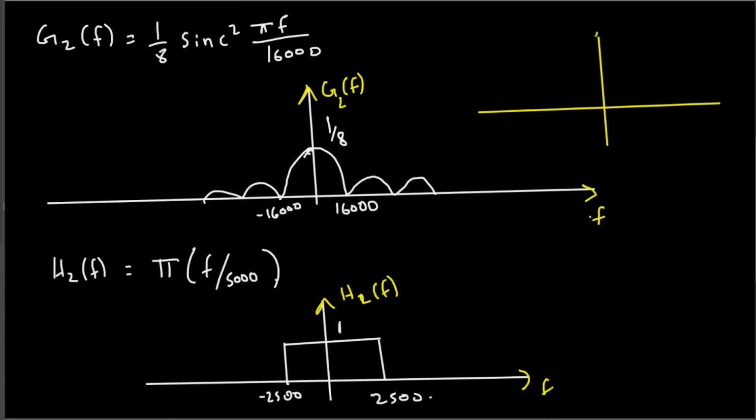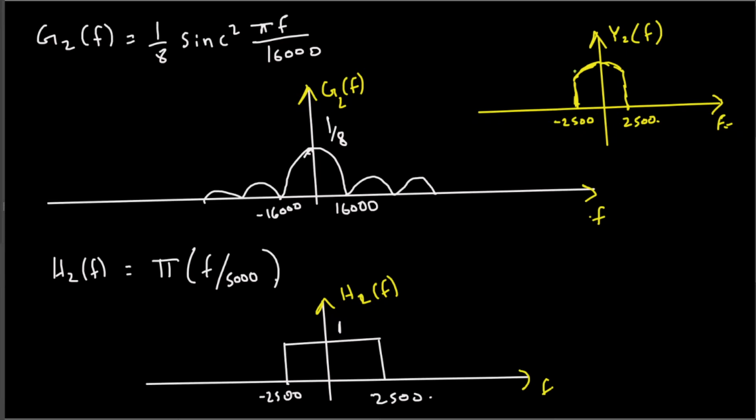Now we are drawing Y2 of f, that's after going through the low pass filter. Here what's happened is, let's say this is where it's meeting at negative 2500, so it's going to cut off right there, and then there, and that's it.